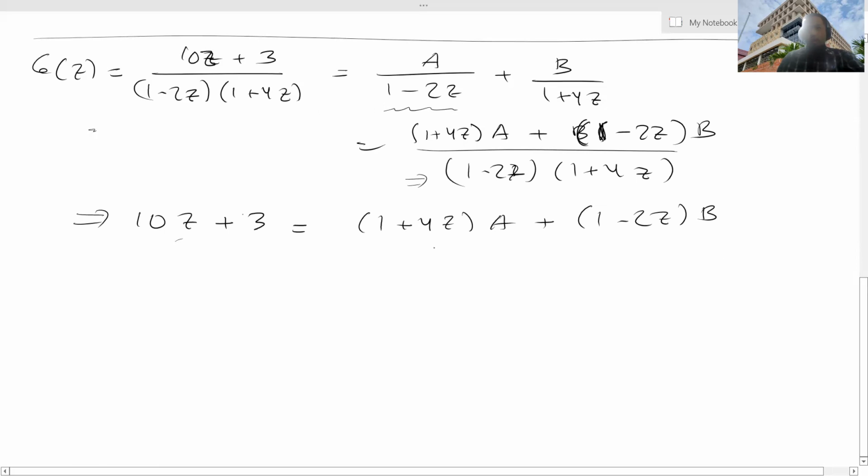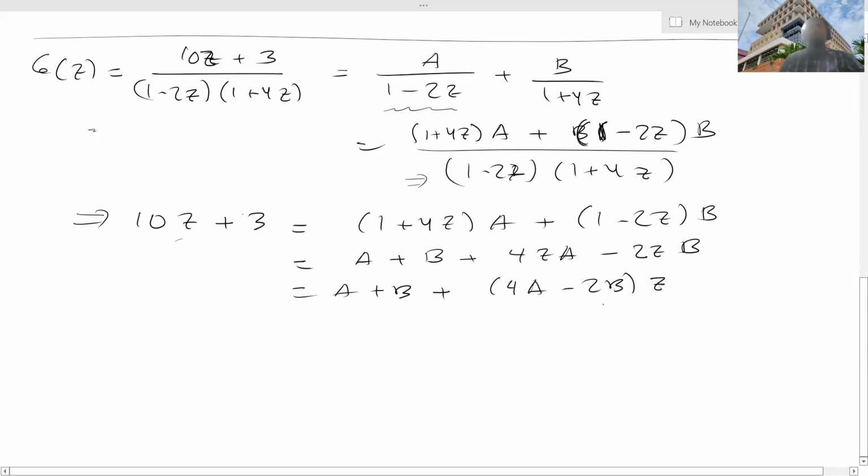Here, the right-hand side is actually A plus B plus 4zA minus 2zB, or A plus B plus, taking out the z, (4A - 2B)z. So this part equates to 3 and this part equates to 10.